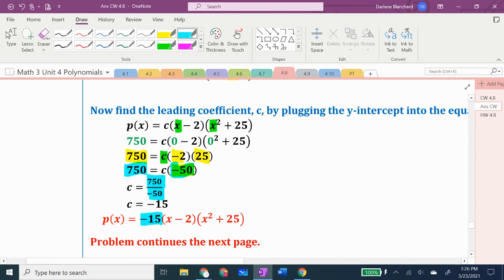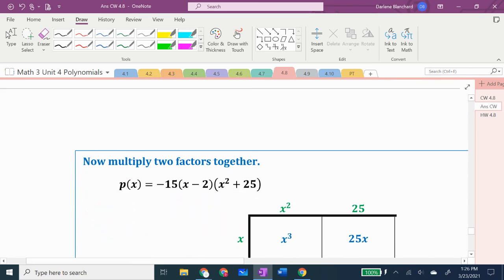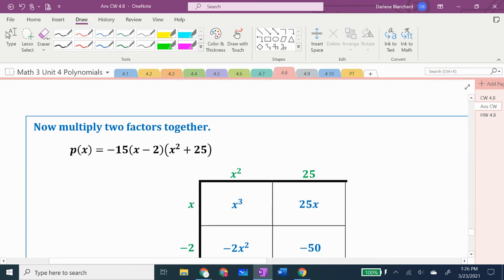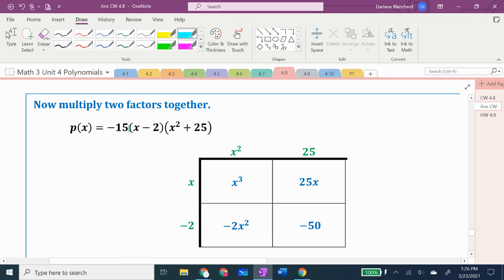And more multiplication is needed. So next I am multiplying x minus 2 by the result I got by multiplying the conjugates, x squared plus 25. Again, you can create a middle column with 0x, and then you have things that line up.